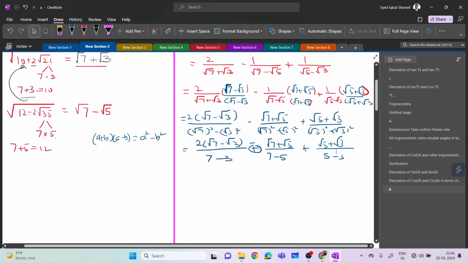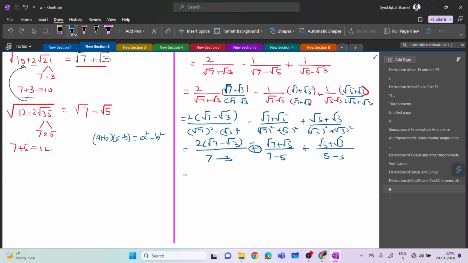Now 7 minus 3 is 4, so 2 twos are 4 and the first term becomes root 7 minus root 3. In the denominators, 7 minus 5 is 2 and 5 minus 3 is 2. So we have root 7 minus root 3, minus root 7 minus root 5, plus root 5 plus root 3, all divided by 2.